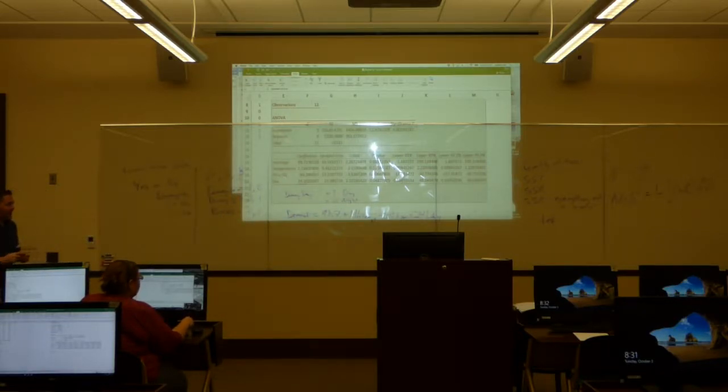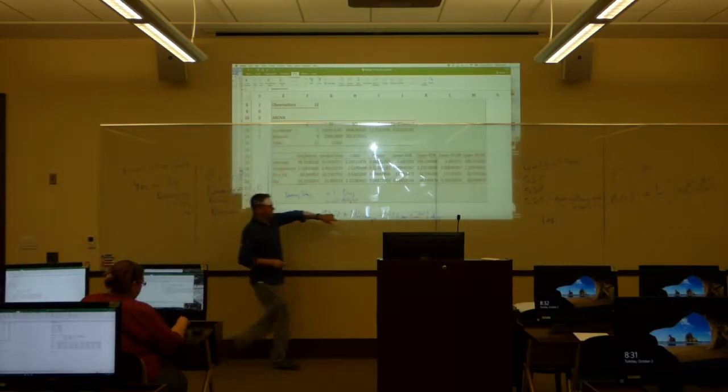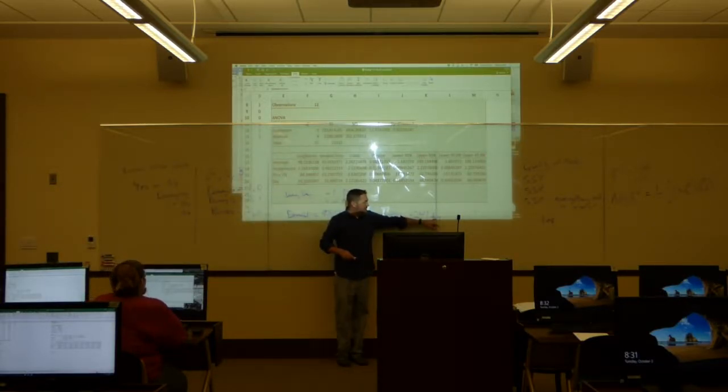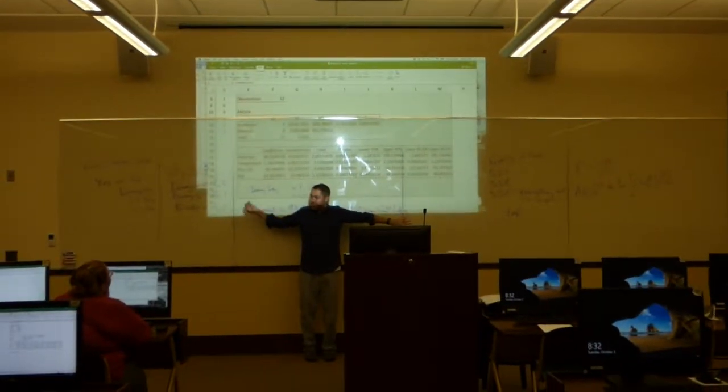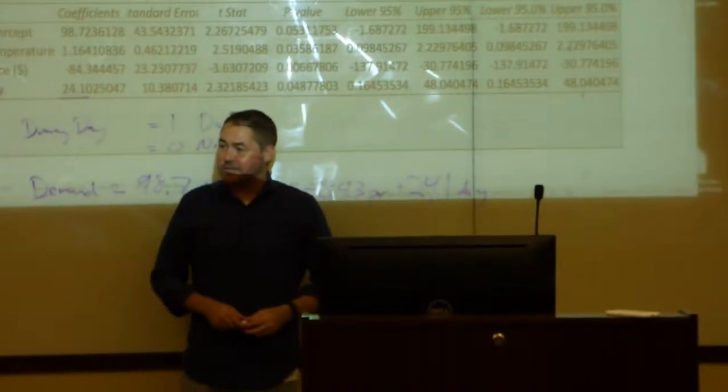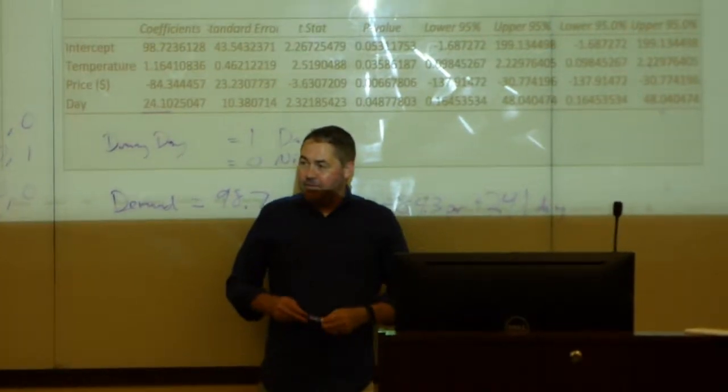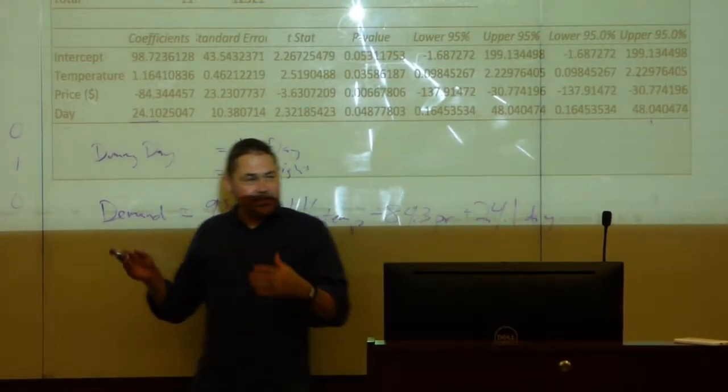I just wrote out my regression equation. So forget about this and let's focus on day. If day equals 1, the demand, well, you have to add that 24.1 if that's 1. Now if day is 0, guess what happens? That 24.1 goes away and the demand is less by 24 hot dogs. Right? Everything is relative to that 0.